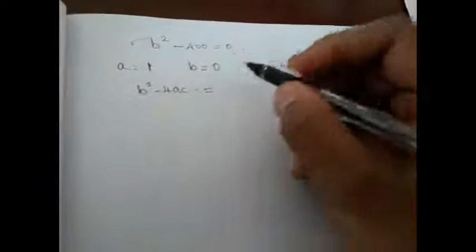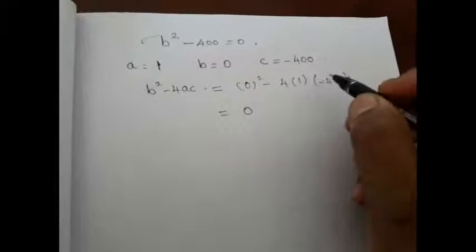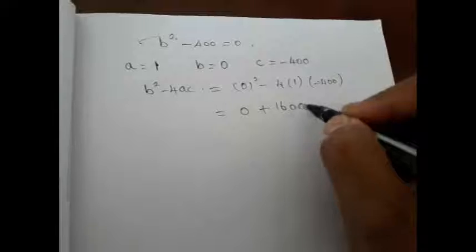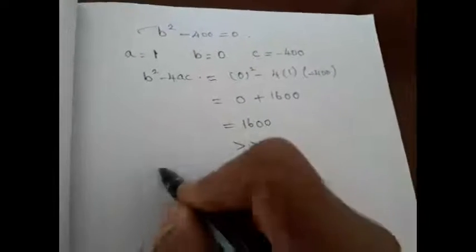So let us find what happens with b square minus 4ac now. What is b square? 0 square minus 4 into the a value 1, c value minus 400. So which is equal to 0, minus into minus will become plus. 4 fours are 1600, which is greater than 0.